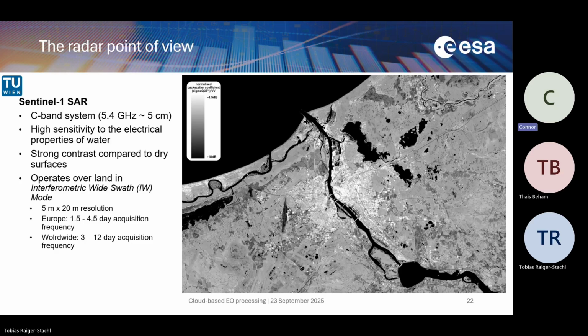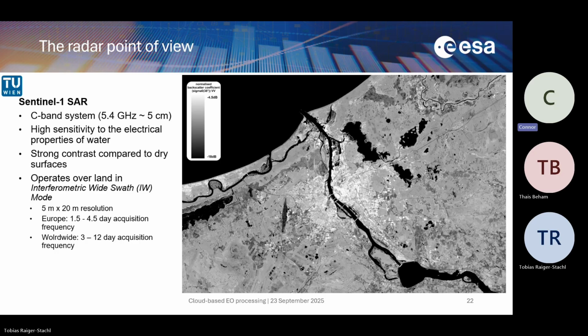Something important to take away as a message: not only is Sentinel-1 a C-band system, so we have a wavelength of around 5 centimeters, but it's also very relevant, and quite exemplary here, that SAR is really sensitive to the electrical properties of water. So we have a strong contrast compared to dry surfaces. Land and water are really quite different from a SAR point of view.